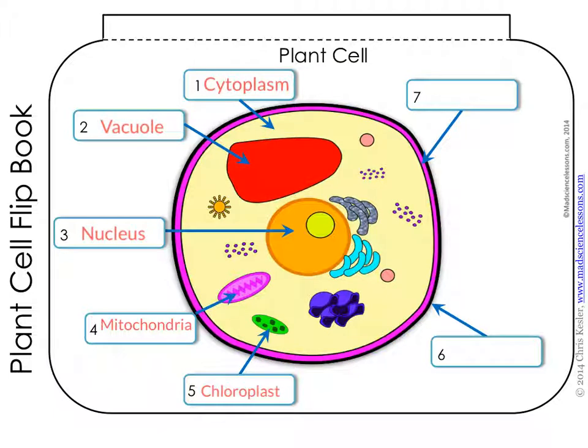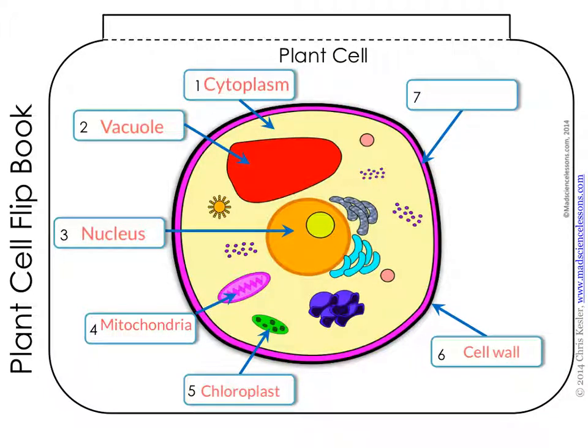Number five is what is known as chloroplast. Chloroplast is what allows plant cells to undergo photosynthesis. It's these organelles that are responsible for assisting the cell by converting sunlight into usable energy so that it can produce its own food.